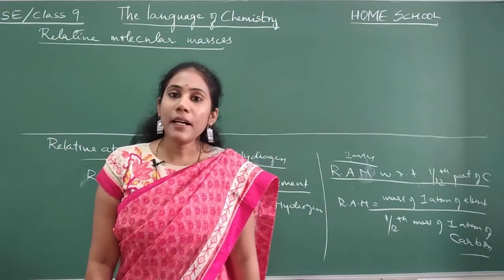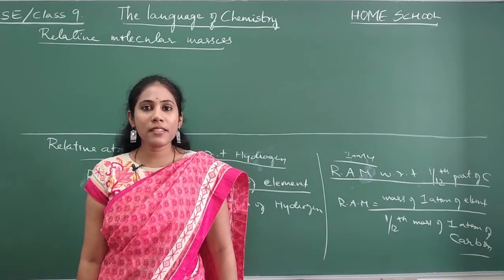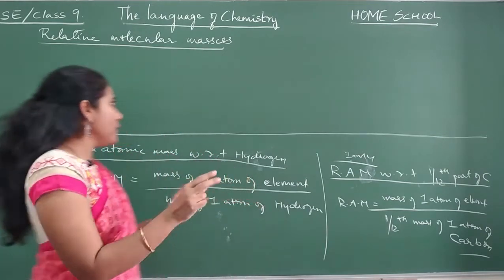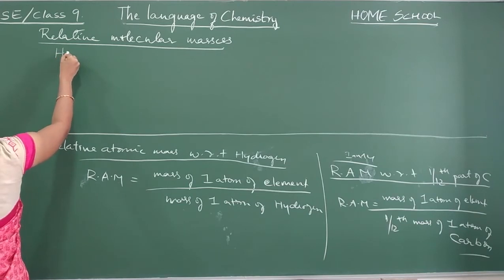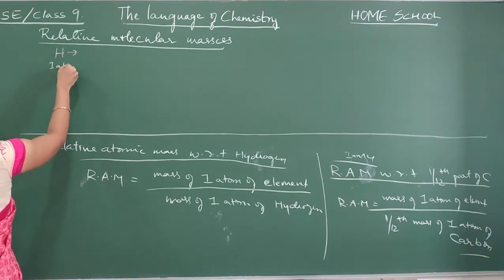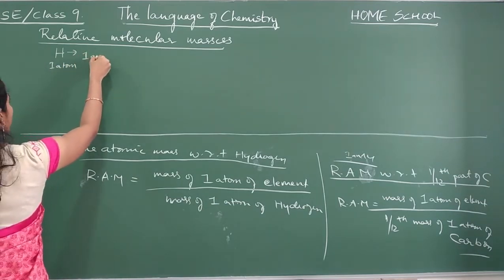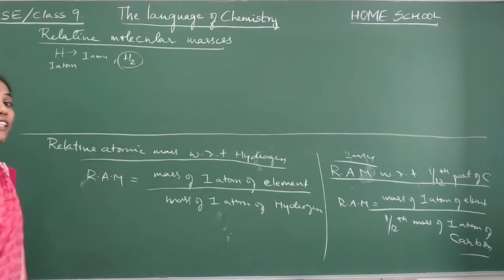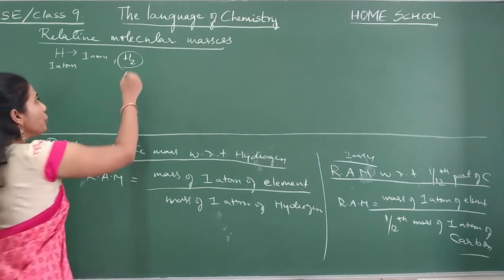Coming to the molecular masses, what do you mean by a molecular mass? Mass of a molecule. Say for example, hydrogen. One atom of hydrogen will weigh around, imagine, 1 AMU. So similarly H2 means a molecule. How many atoms of hydrogen are there? 2, isn't it?